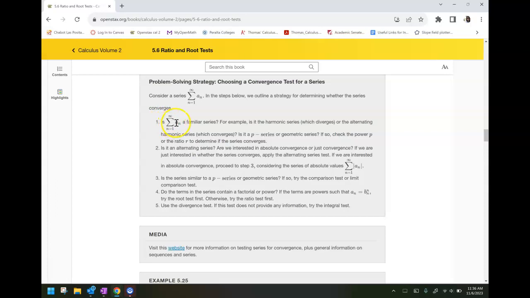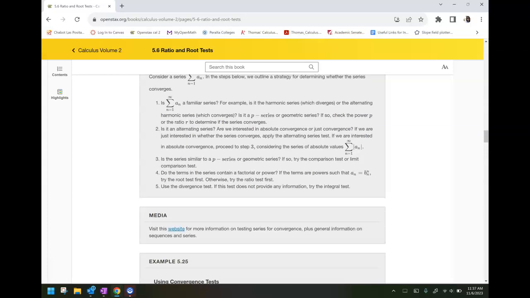We start with, is it a familiar series? Is it a harmonic series, which diverges, or the alternating harmonic series, which converges? Is it a p-series or geometric series? If so, check the power p or the ratio r to determine if the series converges. The next question is, is it an alternating series?